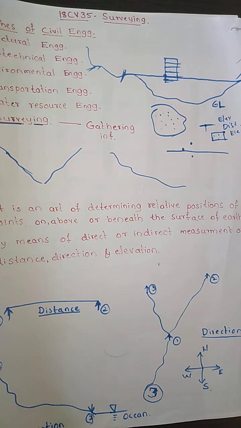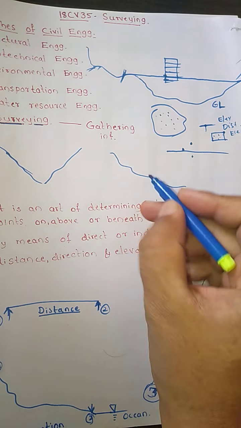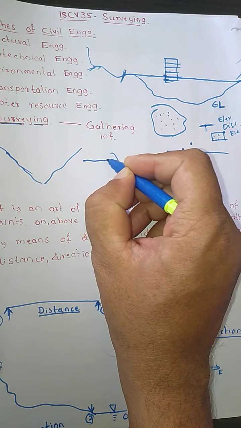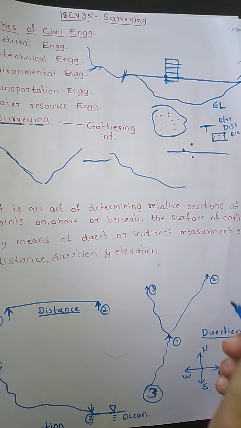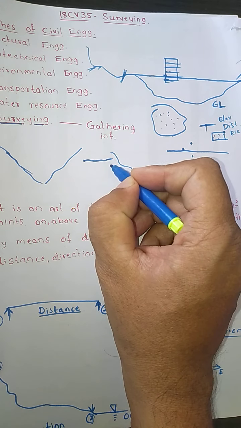So surveying is a very important aspect in a civil engineer's life. Without surveying, you cannot start any kind of project. Why can you not start any kind of project? If you want to start a project, you need to have basic knowledge of the ground, how the ground is present at that particular area wherever you want to start a project.